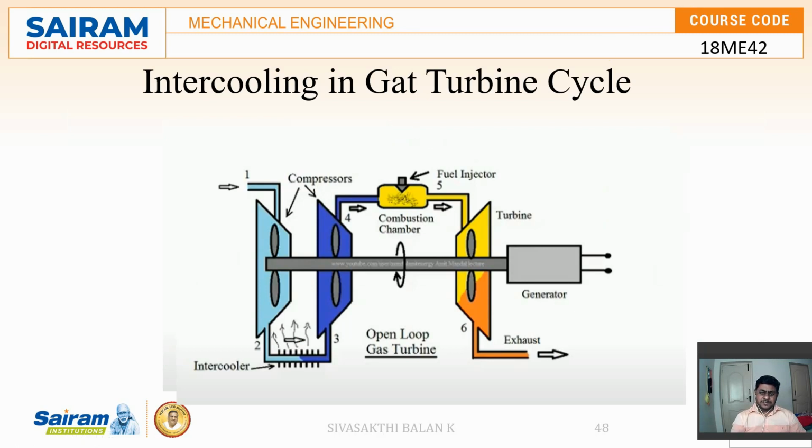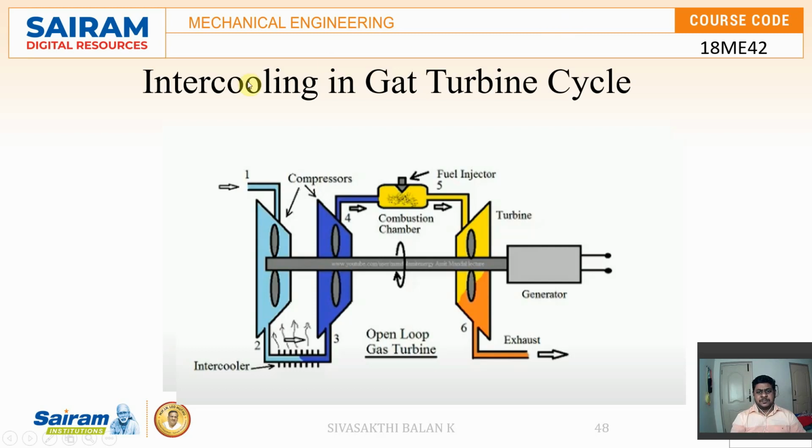Instead of a single compressor, here we are going to introduce one more compressor, a low pressure compressor. In between these two compressors, we keep an intercooler. The purpose of the intercooler is to reduce the temperature of the air which passes through it. In other words, it is a heat exchanger.